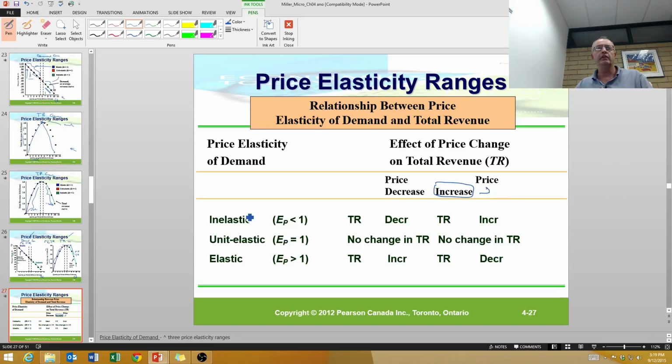So what do we know? In the inelastic section of the curve, as the price increases, we have a relationship between price and total revenue. So here's price, here's total revenue.